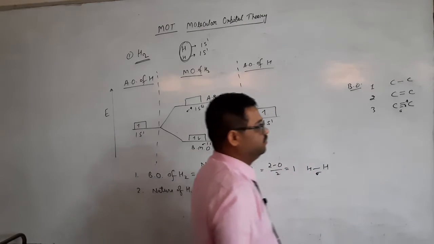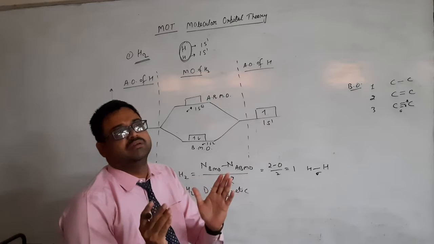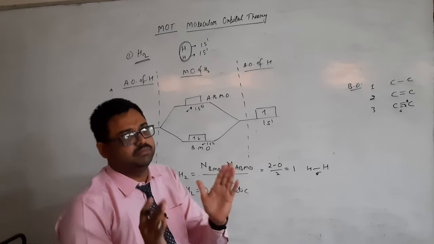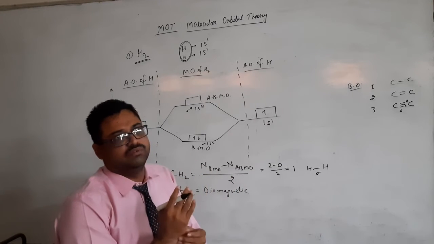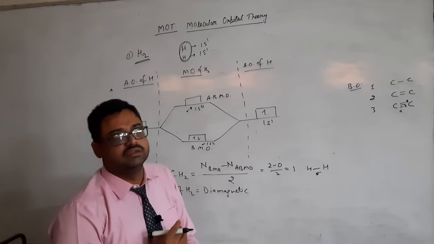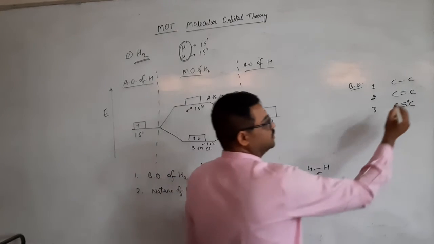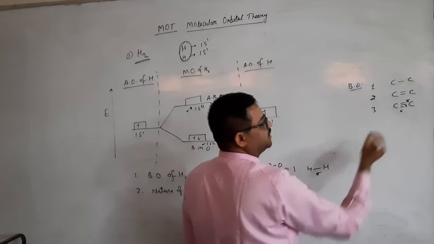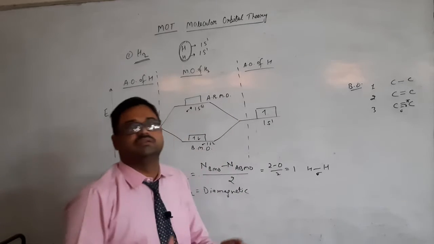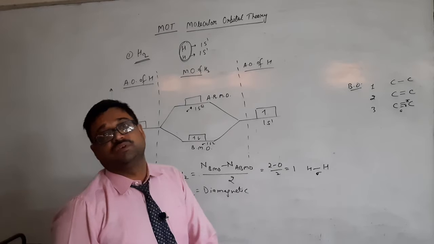And as you know, the pi bond is prepared by the lateral overlapping of p orbitals, so the atoms come near for the formation of the pi bond. So the atoms are near, the bond length is very small, and bond dissociation energy is very high.